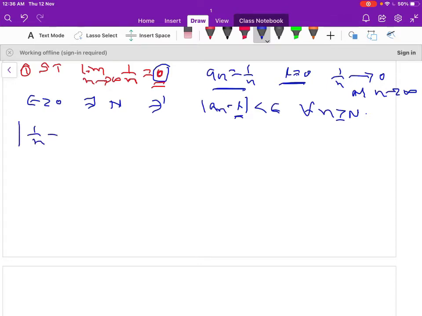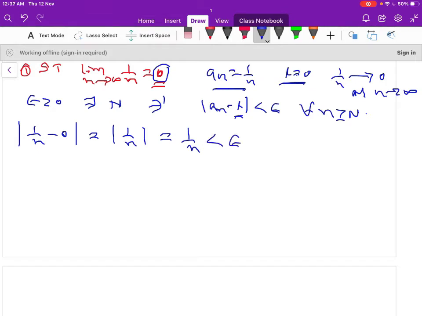Now we consider a_n minus 0 for any epsilon, where epsilon is arbitrary, given by us. Let us take a_n is 1 by n and l is 0, so that can be written as 1 by n. Since n is a positive integer, we can remove the mod here, that is 1 by n.